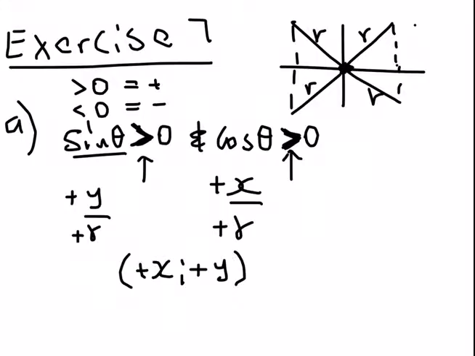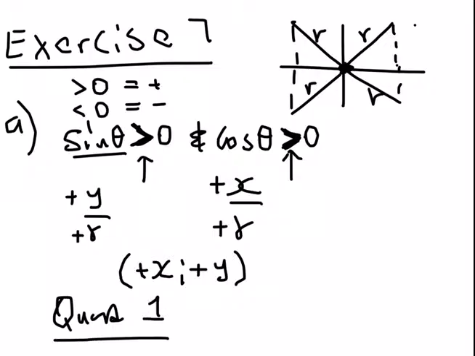I'm not sure if it makes sense, but remember, don't just watch me do this and then it ends there. Try to redo it, and trust me, if you redo it on your own, that's when it's going to make sense. So the answer to this question, in which quadrant does the terminal arm of the angle lie, if we are given sine of the angle greater than 0 and cos greater than 0, you can just say first quadrant, or quadrant number 1.